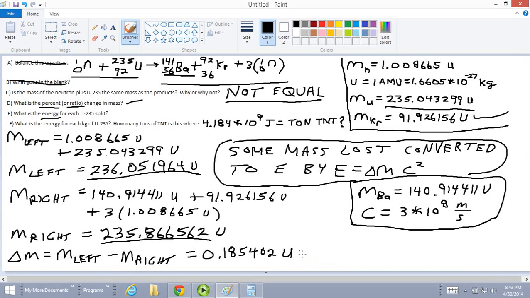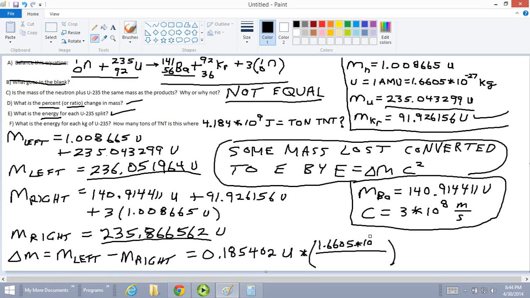Let's convert that to kilograms at this time. Let's answer part E next. There's this many kilograms, 1.6605 times 10 to the negative 27th kilograms, negative 27th, excuse me.